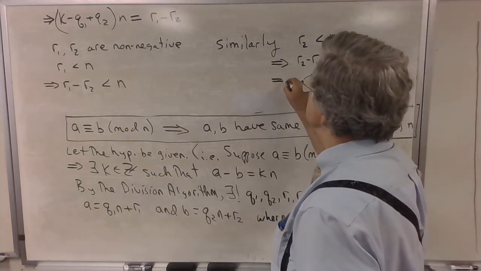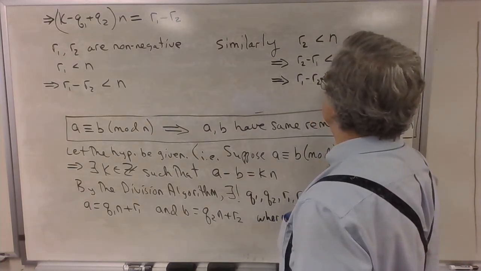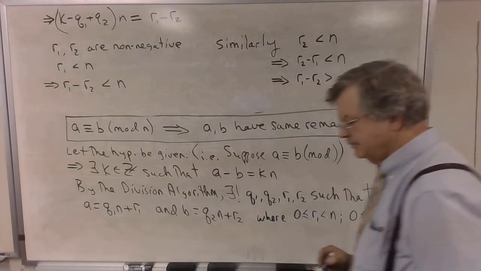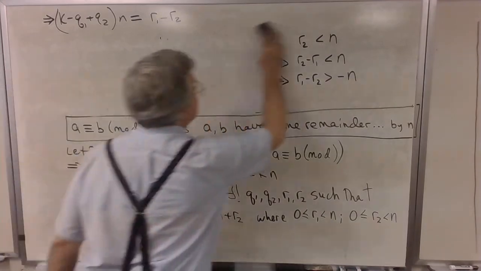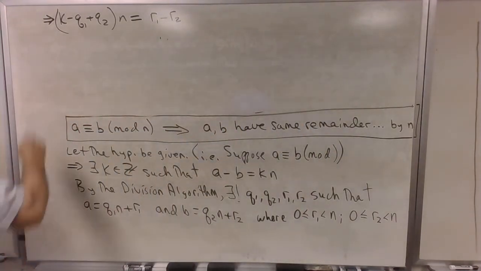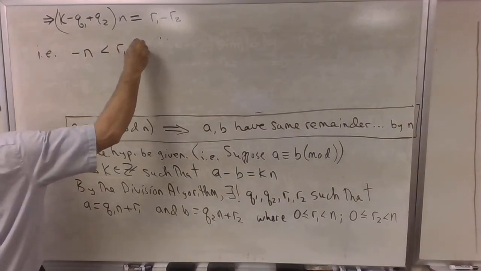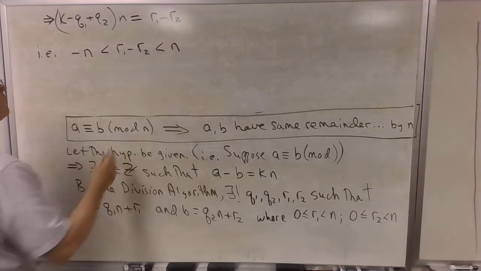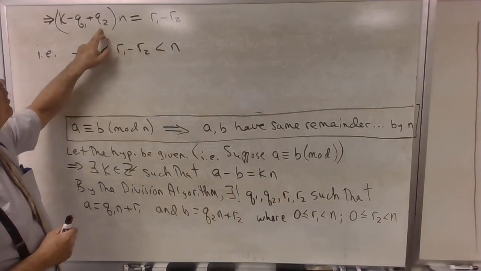Now, what happens if I multiply both sides by -1? r1 minus r2 is greater than -n. r1 minus r2 is a multiple of n, a whole number multiple of n.